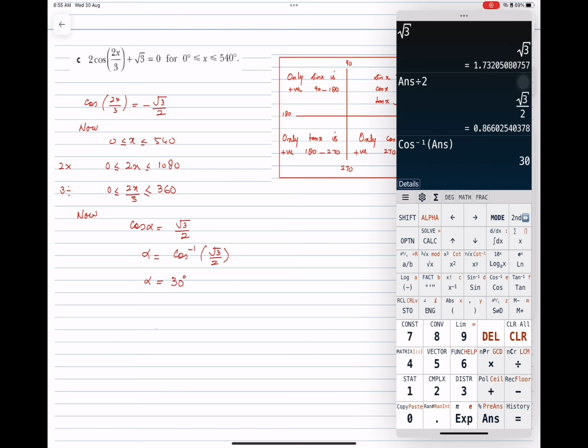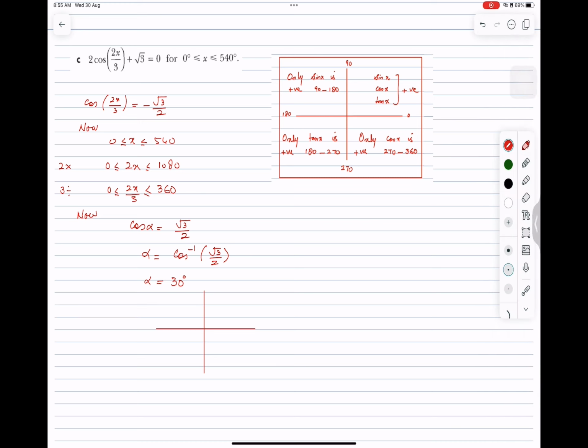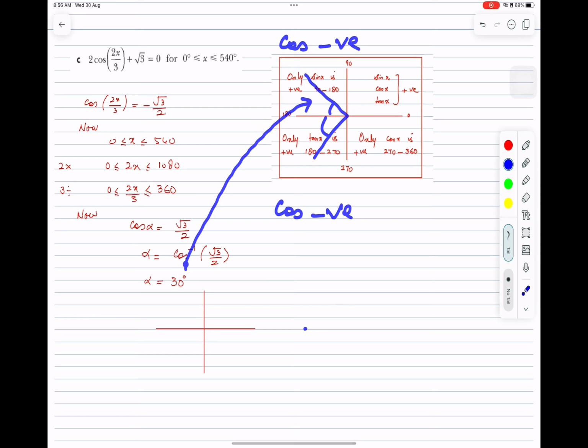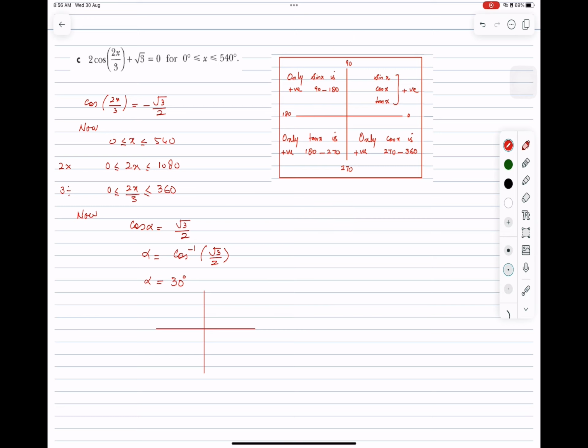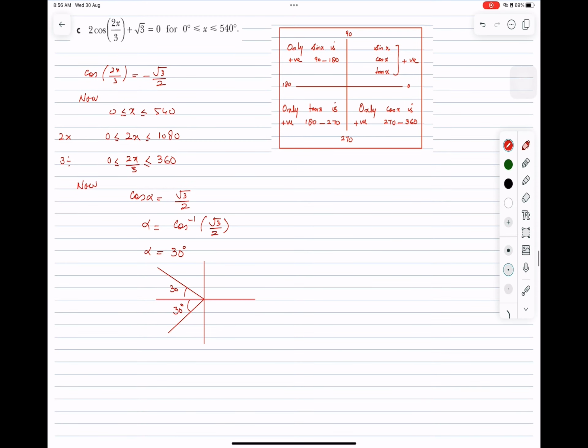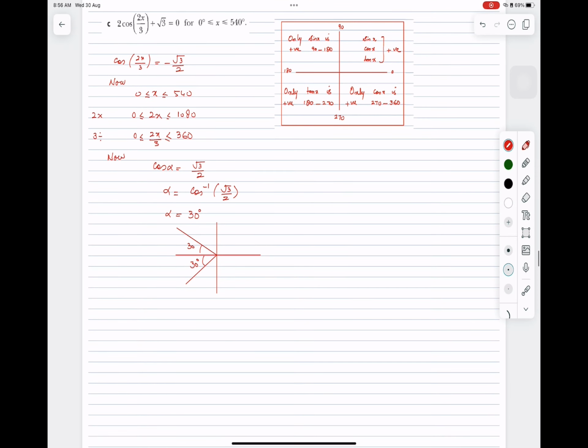Since cos is negative, we have two possibilities. Cos is negative in the second quadrant, and similarly cos is negative in the third quadrant. So now this angle is 30 degrees, and again this is 30 degrees, and we have to measure our angle from the positive x-axis.